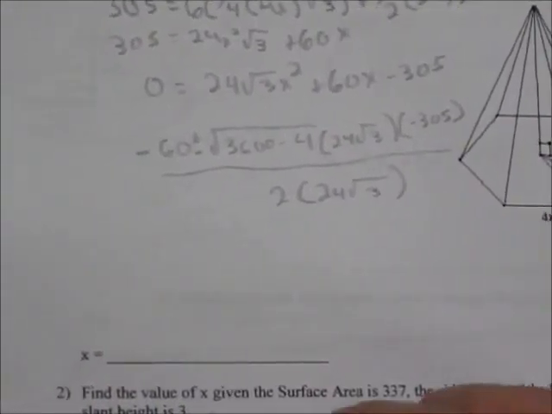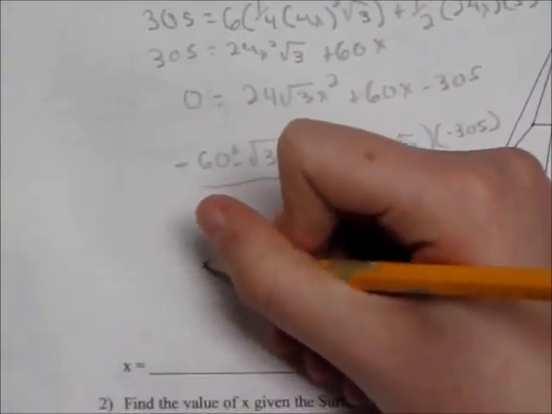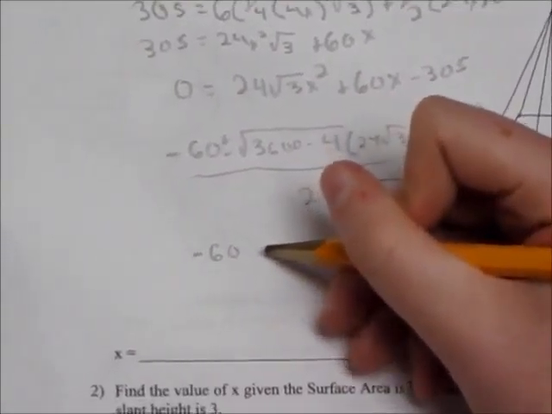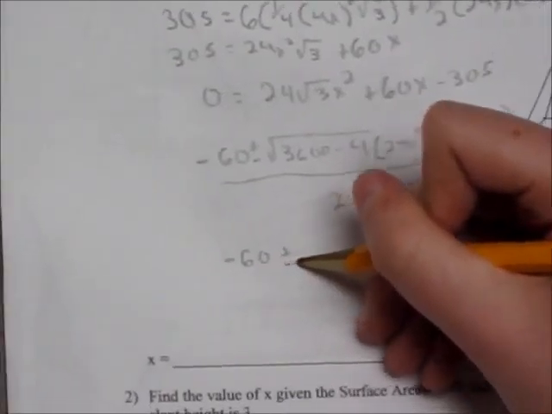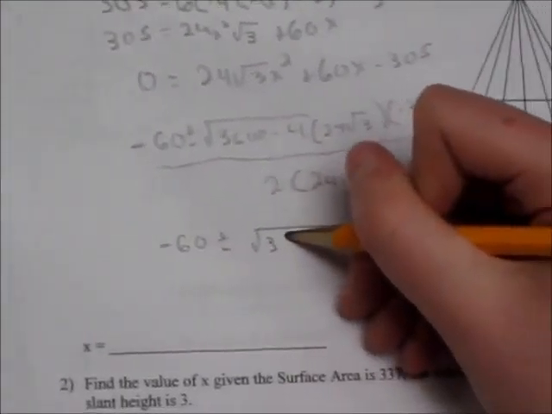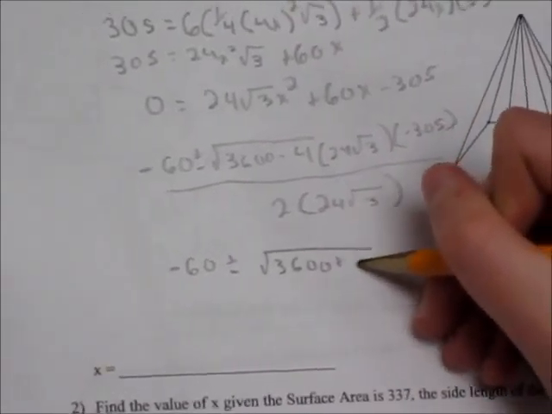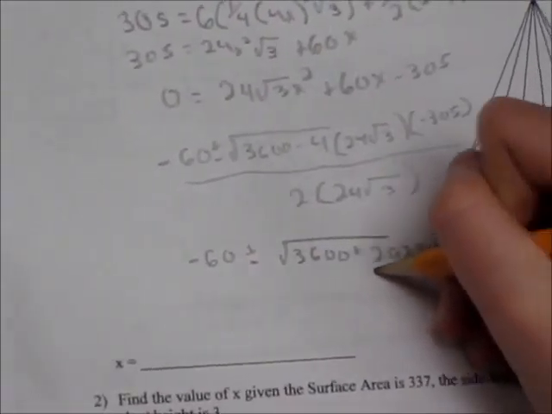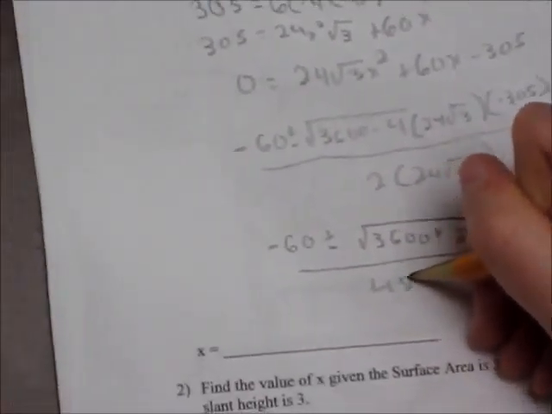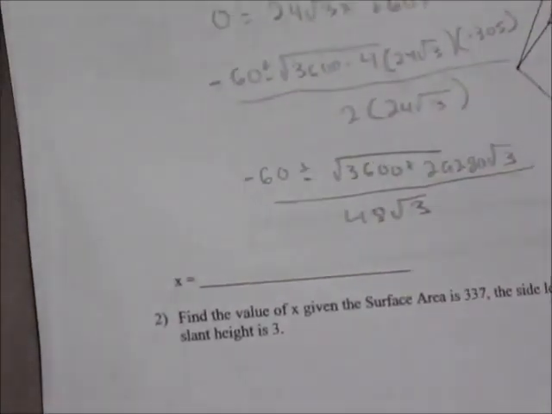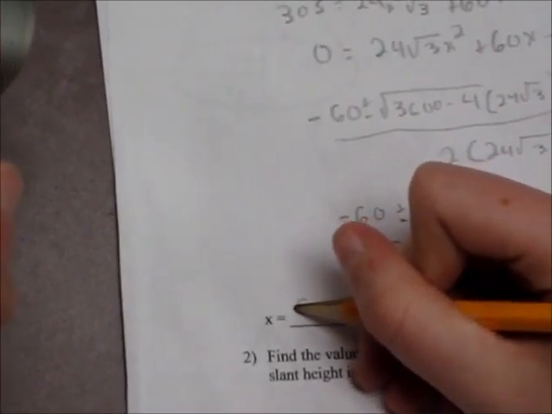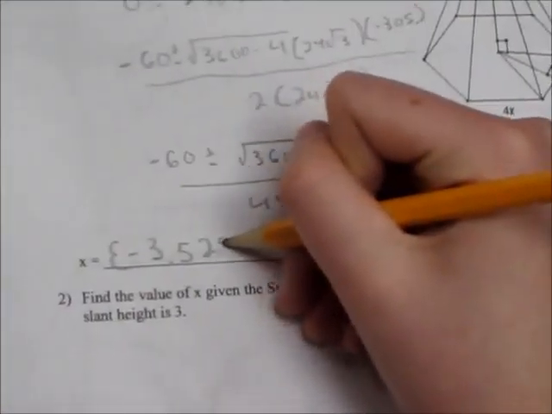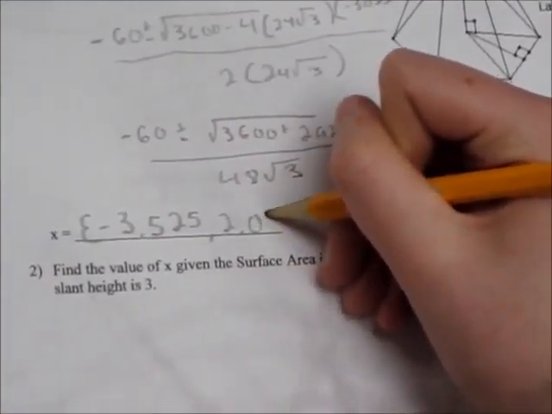Then once you plug all of those numbers in your calculator to simplify it down, you get negative 60 plus or minus the square root of 3,600 plus 29,280 square root of 3, divided by 48 square root of 3. Once you get that simplified down, you just plug in your calculator and you can get either negative 3.525 or a positive 2.0823.